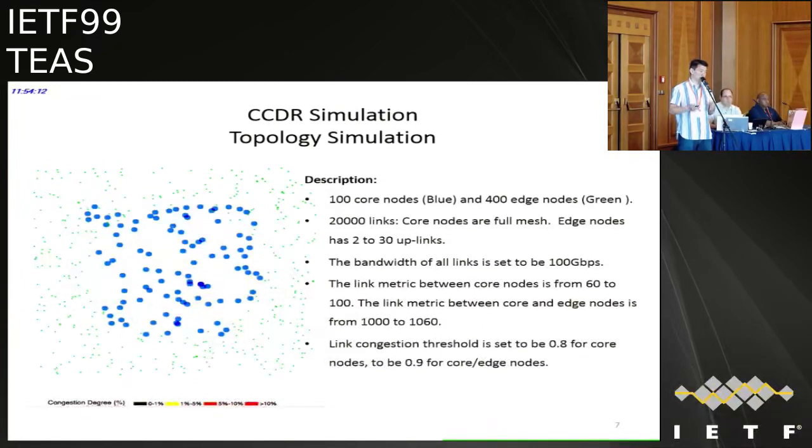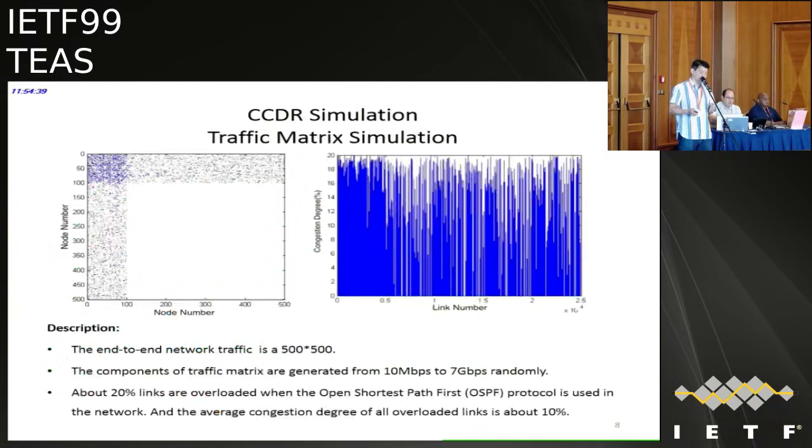And the metric of links between edge nodes and core nodes is set to 1000 to 1060 randomly. And we also set a link utilization threshold. For the links between core nodes, it's 80%. For the links between edge nodes and core nodes, it's 90%.